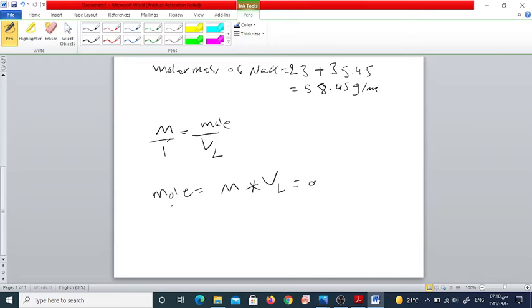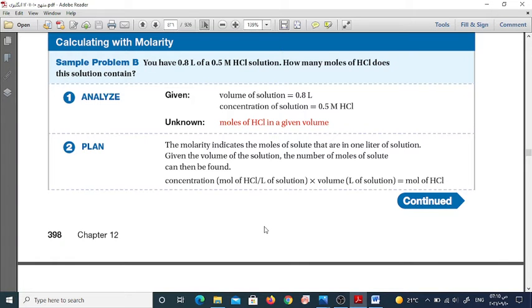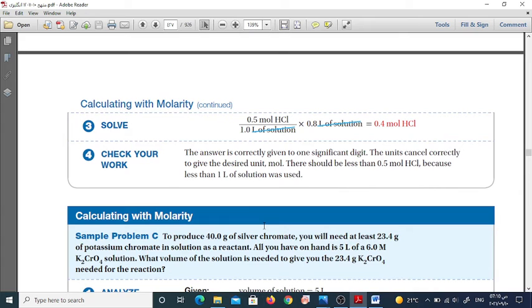We have molarity 0.5 and volume 0.8. We get 0.5 times 0.8 equals 0.4. Yes, 0.4. Let's check it here. Yes, 0.4.